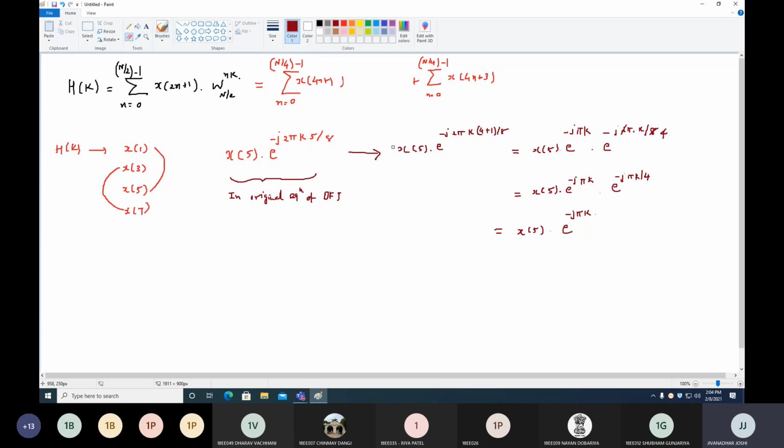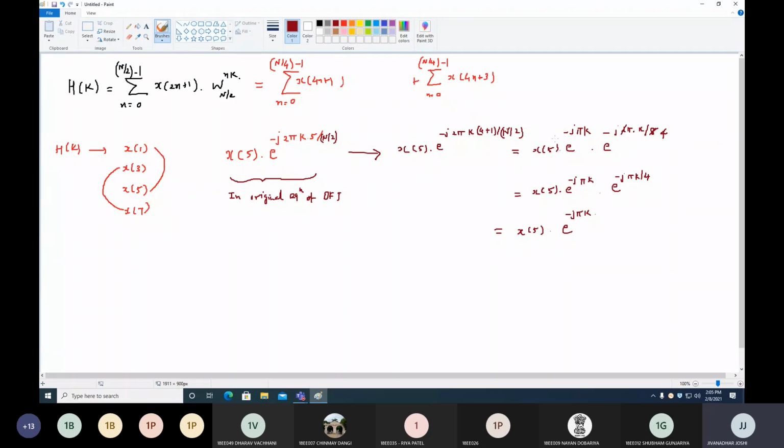Let us first put n by 2 instead of 8. So this becomes equal to j pi k by n by 2.